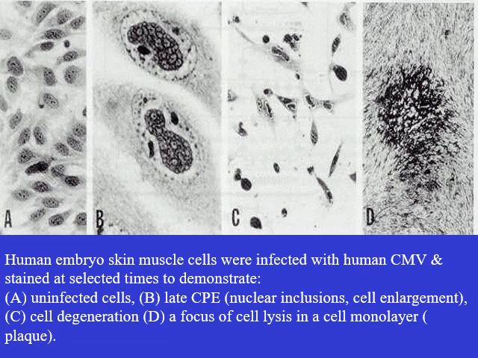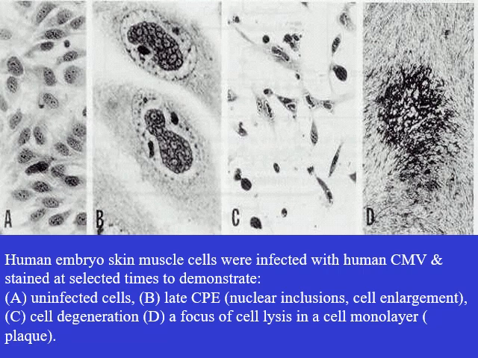In C, we have cell degeneration, a clear lysis of the cells of the monolayer appearing as loss of architecture with cell degradation and degeneration.